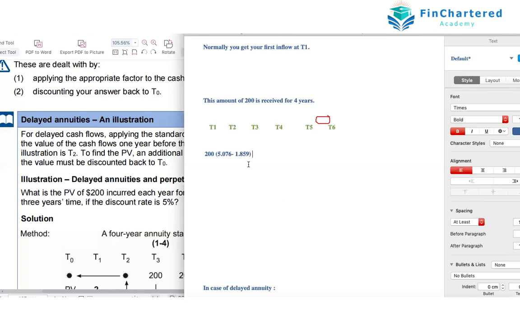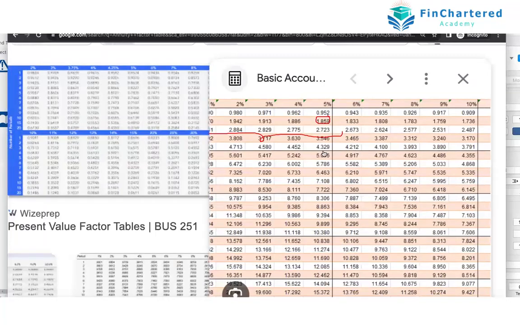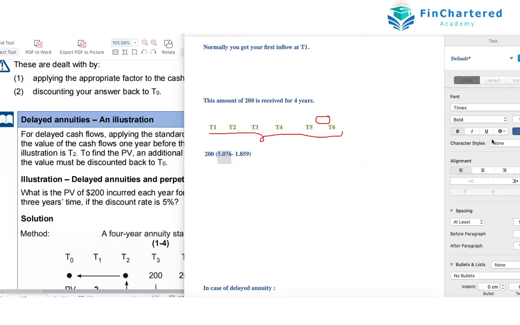So this annuity factor, remember, from 6 years, what I've put in red is the annuity factor for 6 years. Did I take 5 years or 6 years? I took 6 years. Yes, so the 6 years' annuity factor I'm putting in red.